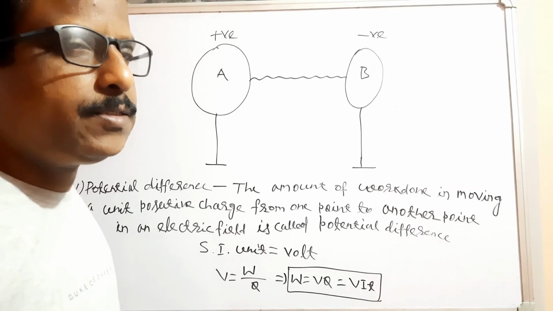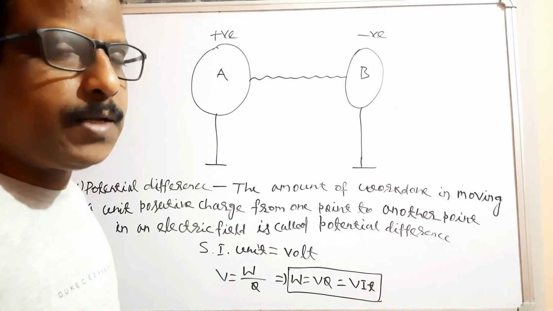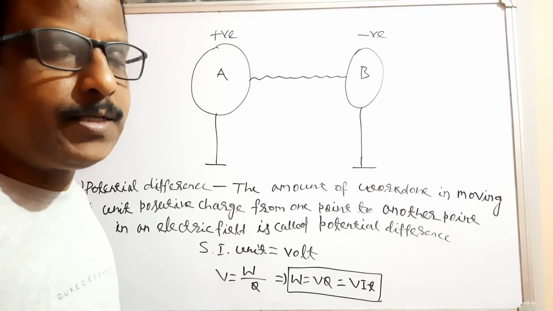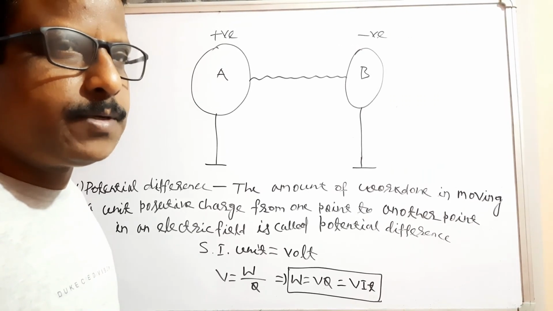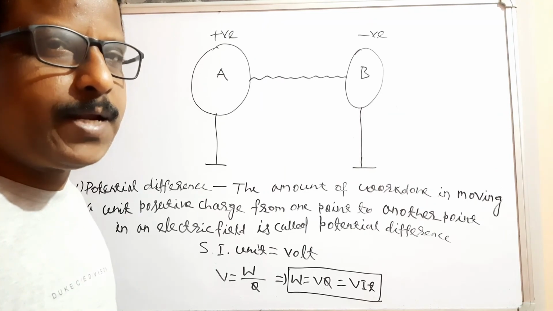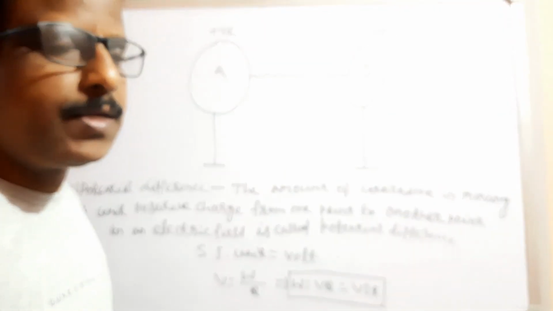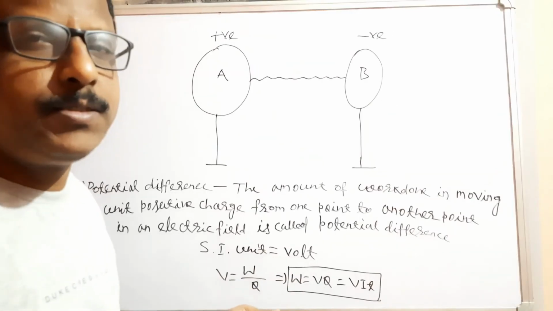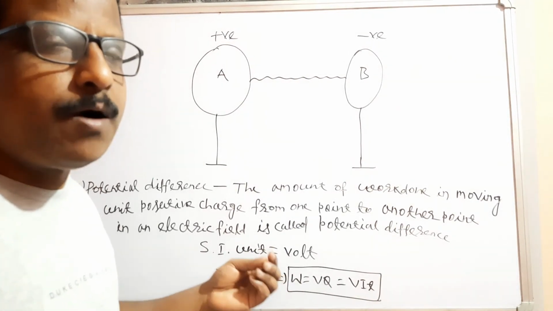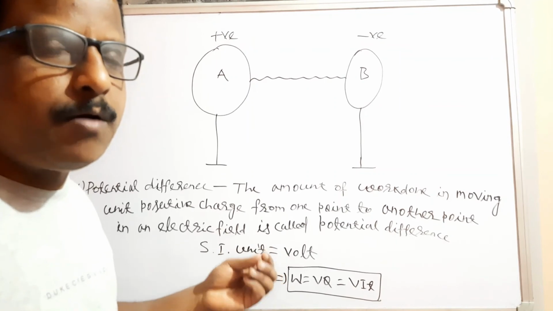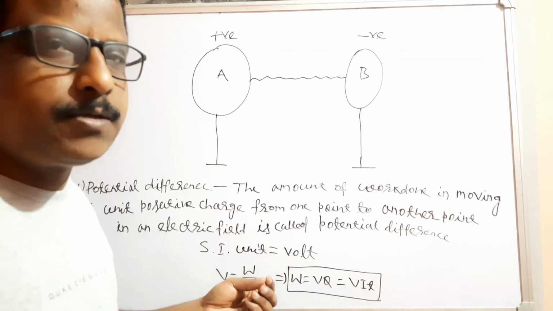Now next is power. How much electric power is consumed in an electric circuit? You know that in the work, power, energy chapter you have read power: the rate of doing work. Here also power is the rate of doing work, meaning in a particular time how much energy is supplied, how much work is done. That is called power.